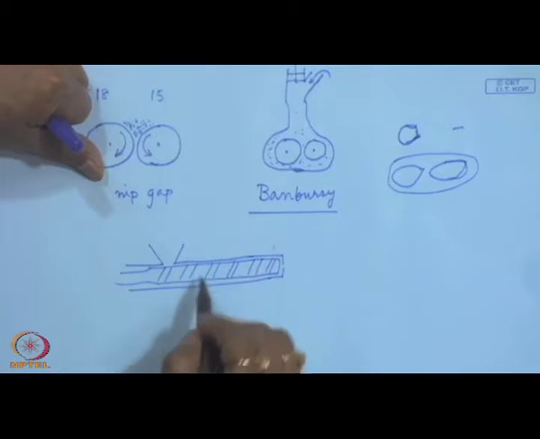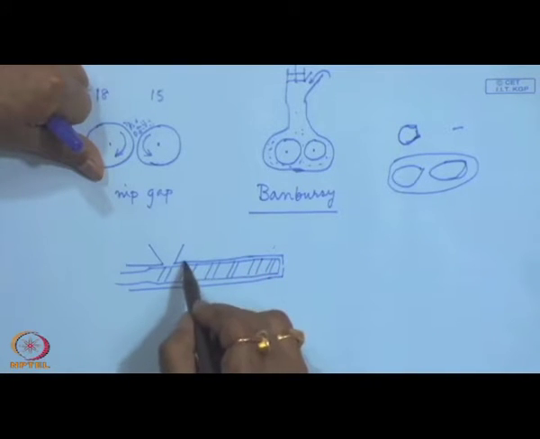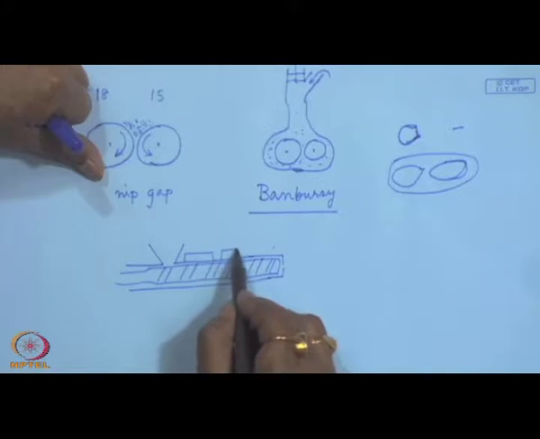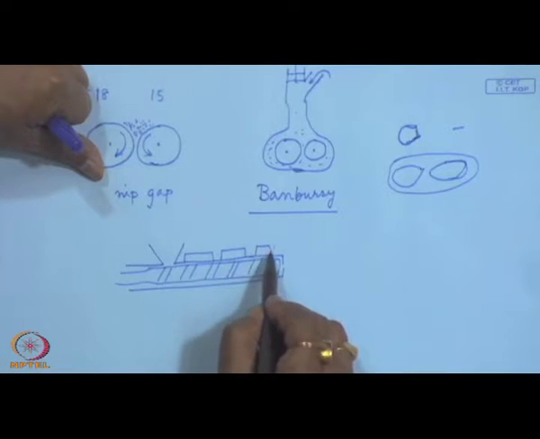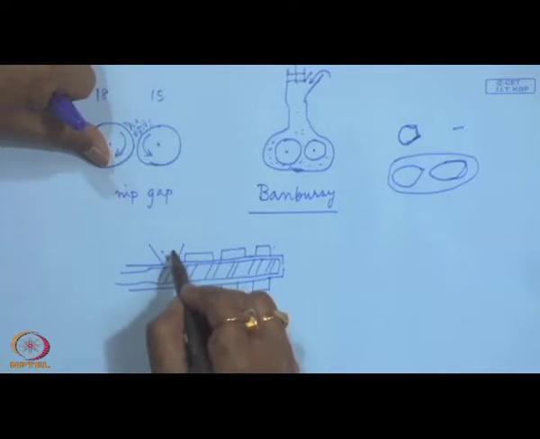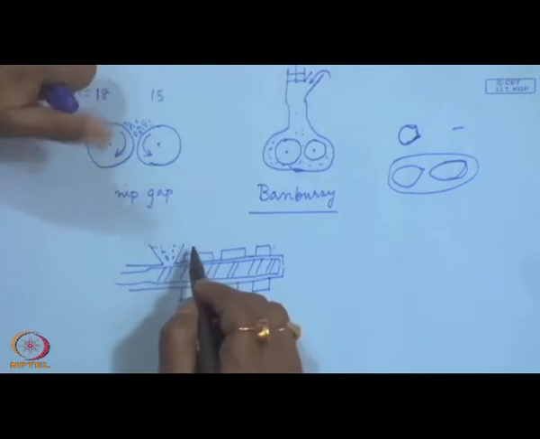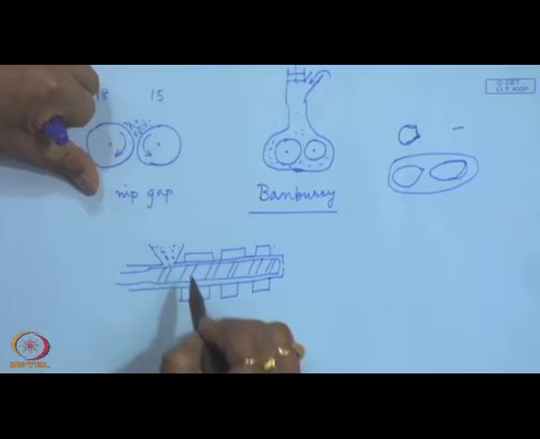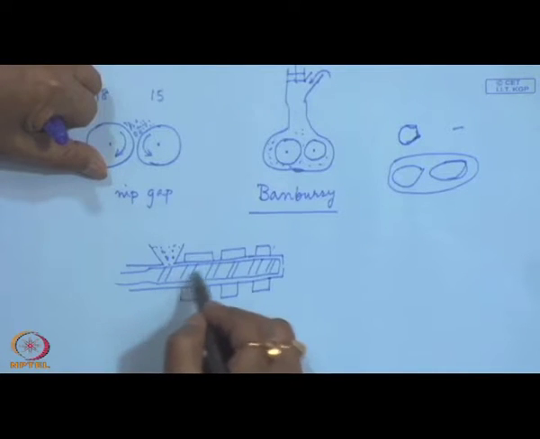So, this is a screw and this is known as the barrel. This barrel has some heating zones provided with heaters. Material is inserted from the hopper into the extruder and the screw flights are there.